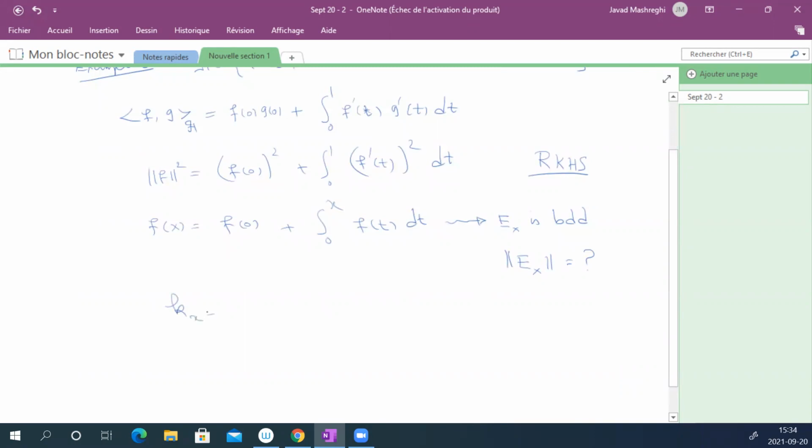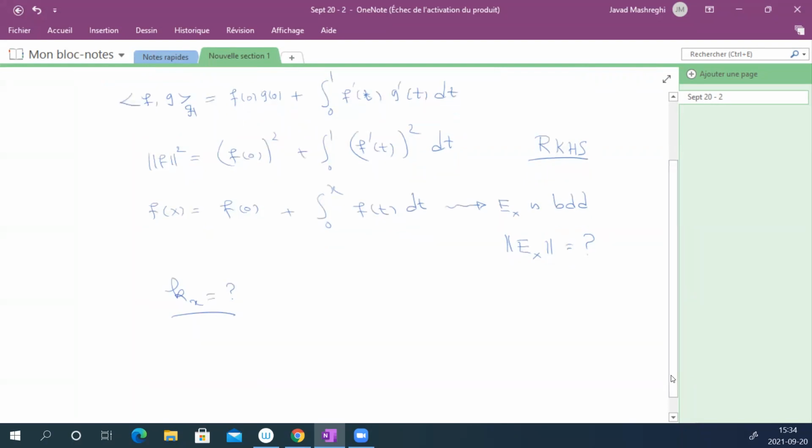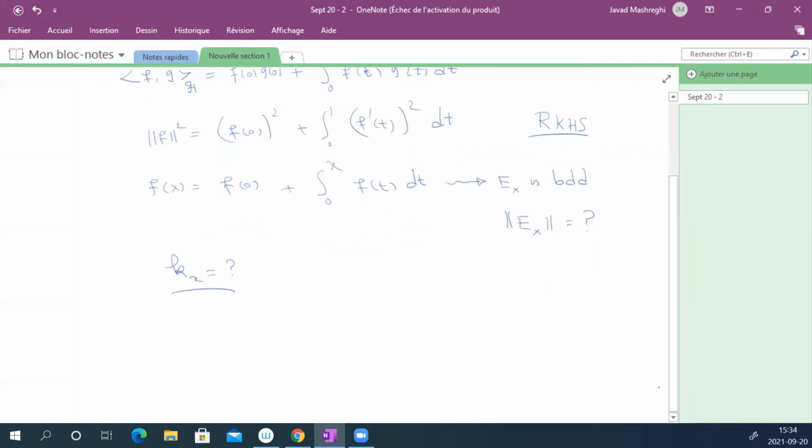We find k_x, and immediately afterward we obtain the norm of e_x. So we proceed to find our k_x, and again we need to find a differential equation.